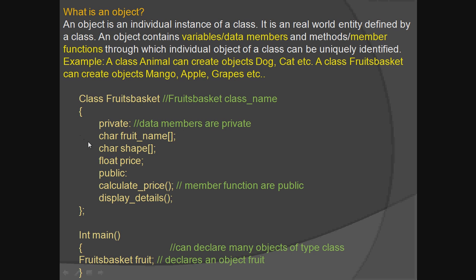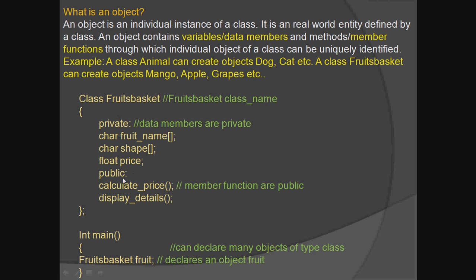Here, if you see in this class declaration, the class name is FruitBasket, which is a user defined data type. As you can see, the name starts with an uppercase alphabet. Then the data members are made private. That means these data members, or these variables, are accessible only within this class declaration.